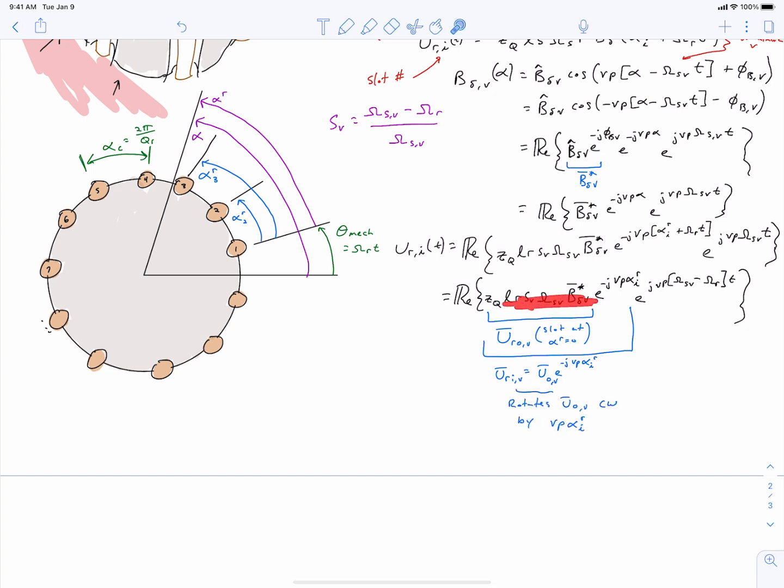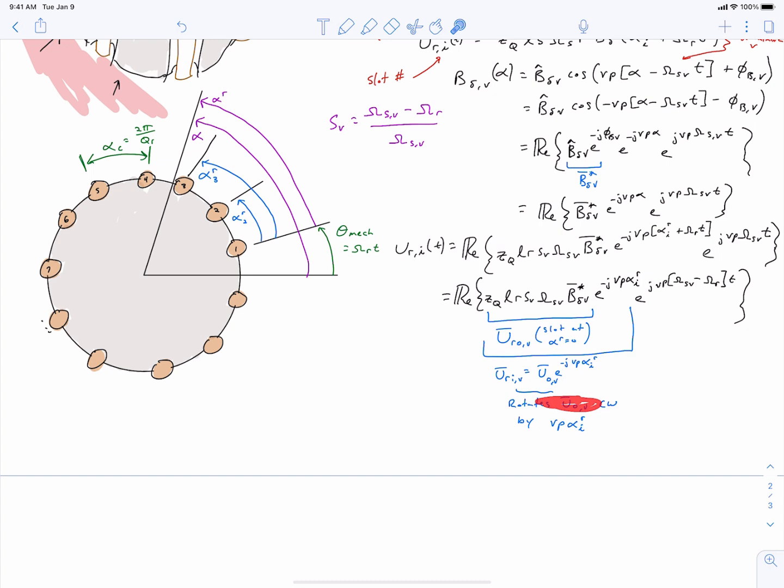We can identify this first component as simply being the voltage that would be induced in a coil side located at alpha r equals 0. So in fact, that's the coil side right here. We can combine that then with this term up here to recognize that this is the slot phasor for any other coil side up here based on the location alpha I superscript r.